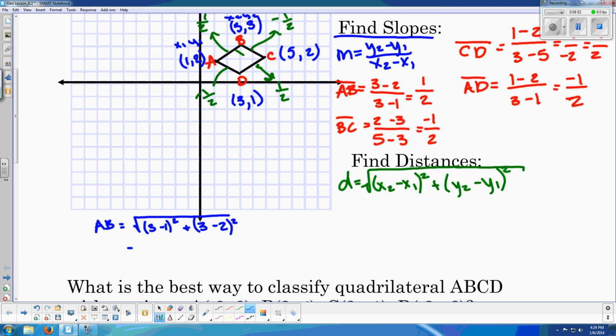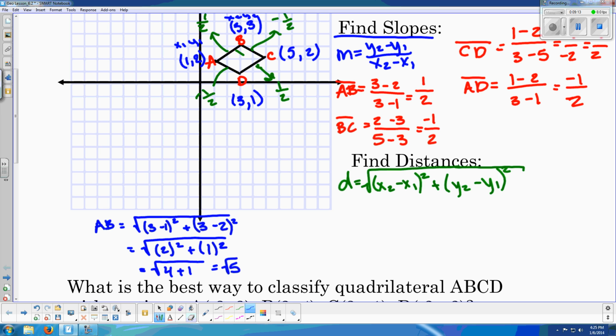So that equals 3 minus 1 is 2 squared, and then 3 minus 2, I'm sorry, is 1 squared. So now we have the square root of 4 plus 1, which equals the square root of 5. So our distance for AB is the square root of 5.